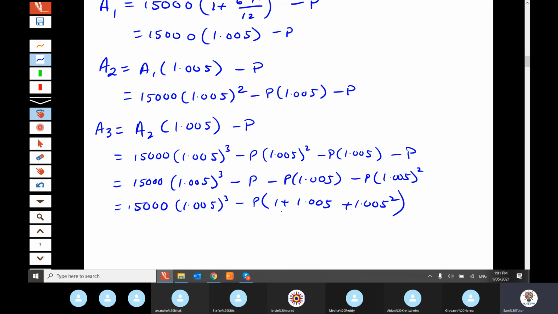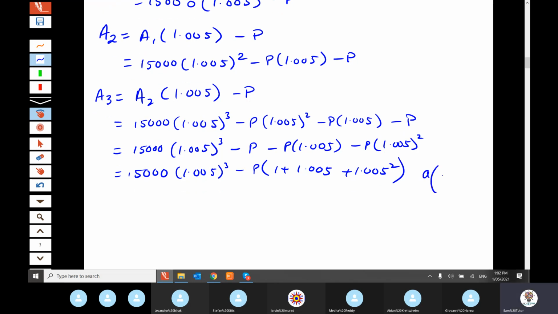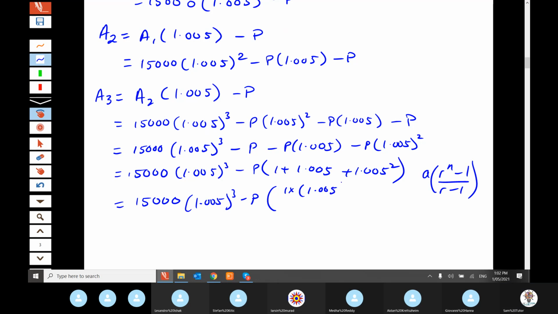What does that become now? That's a series. What is A equal to? A is equal to 1. What is R equal to? 1.005. How many terms do you have? 3. A, R to the N minus 1 over R minus 1.